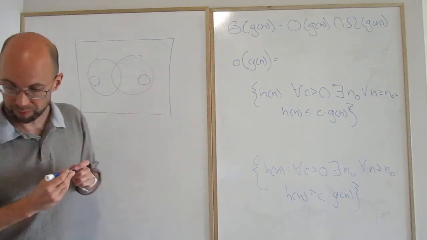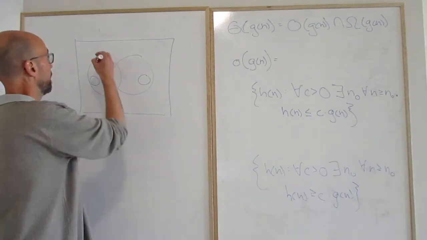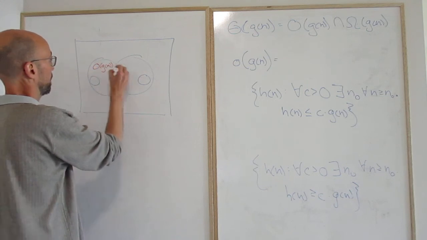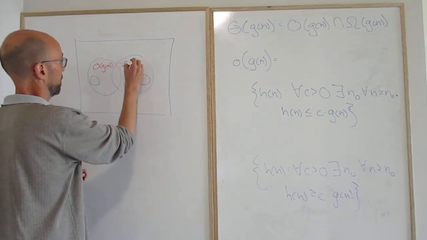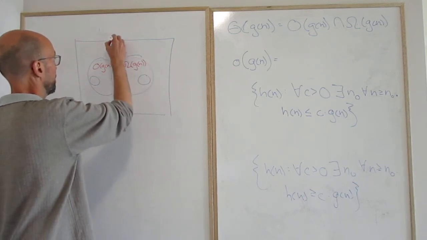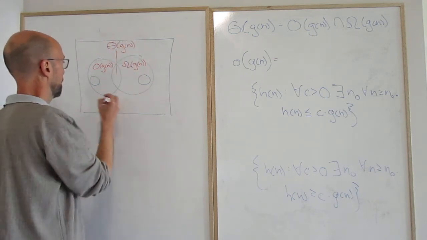Okay, so this is big O of g of n. This is big omega of g of n. In the middle is theta of g of n.